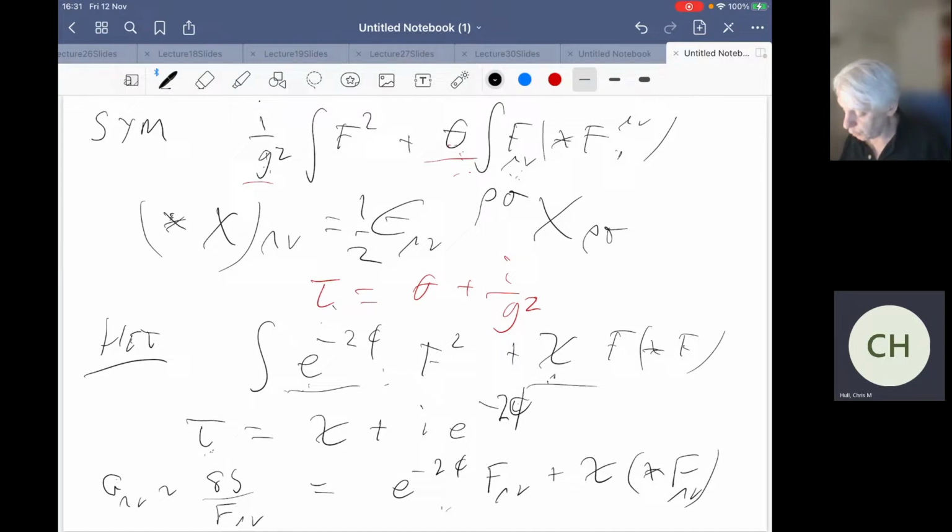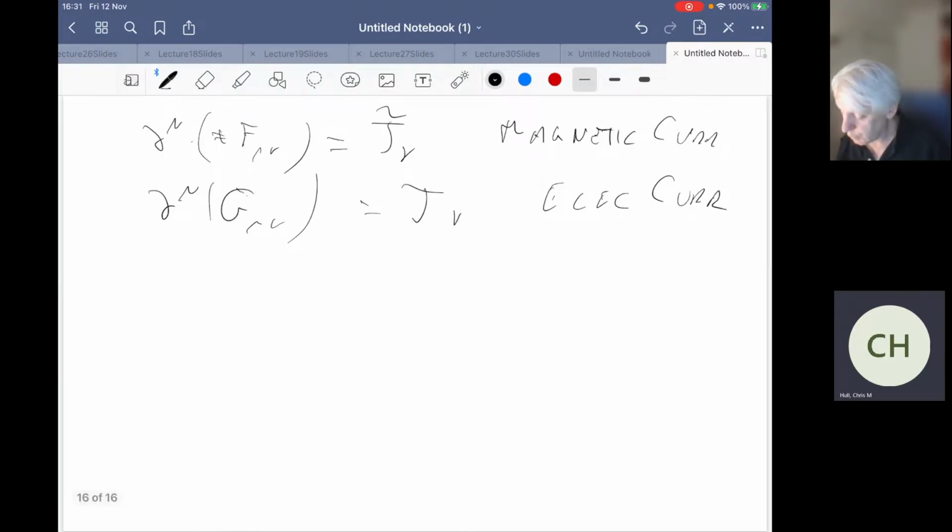In the Yang-Mills case, you get this with the e to the minus 2 phi replaced by g squared and the chi replaced by theta. So the field equation is given by this, and on the right-hand side we can have an electric current, and for a static configuration, the zeroth component of this will give rise to an electric charge density and a magnetic charge density, which you can then integrate to define the electric and magnetic charges.